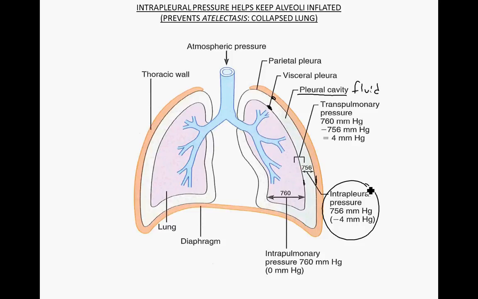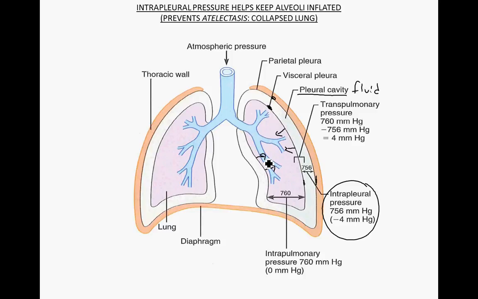Right? And these pressure differences, we'll talk about these in another screencast when we're dealing with ventilation and breathing. But suffice it to say that if this fluid wasn't there, the lung would collapse on itself this way, right? And you compress all those air spaces, and then it would be very difficult, in fact impossible, to breathe. Right? So again, these pleural membranes are extremely important.